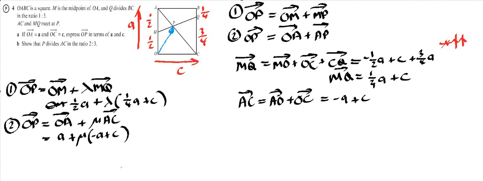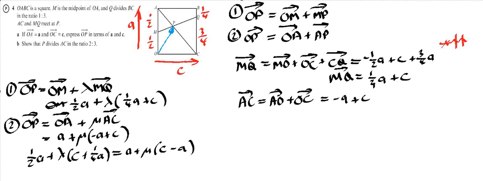Let's write them as a single equation: a half A plus lambda times (C plus a quarter A) equals A plus mu times (C minus A).